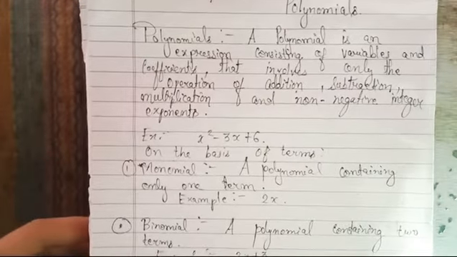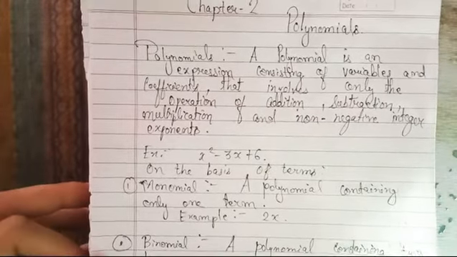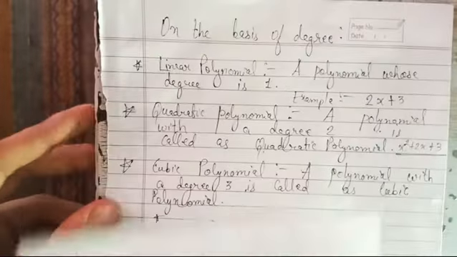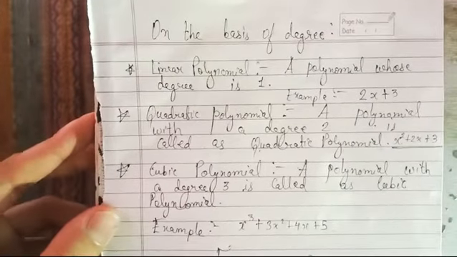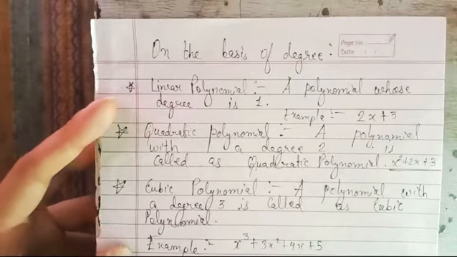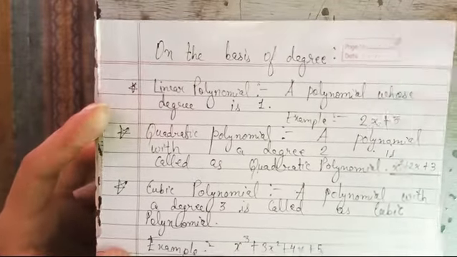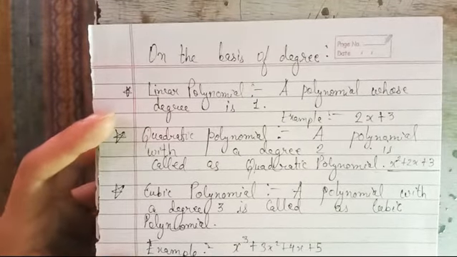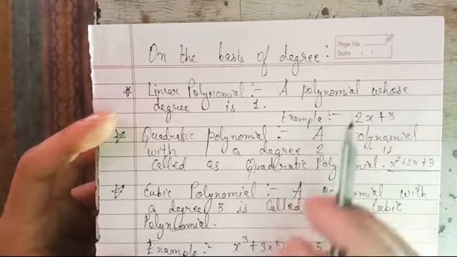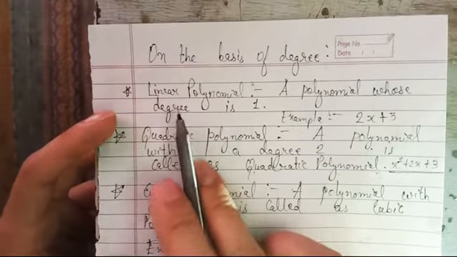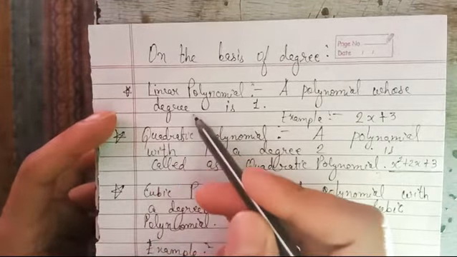Now we will divide polynomials on the basis of degree. So on the basis of degree, we have first the linear polynomial, a polynomial whose degree is 1. First of all, we must be clear with the concept of degree. What does degree mean?